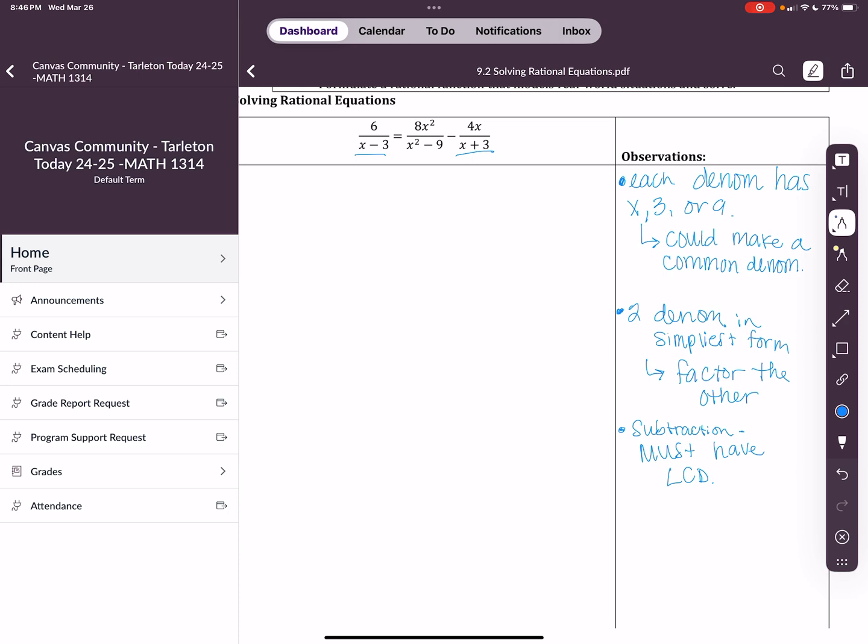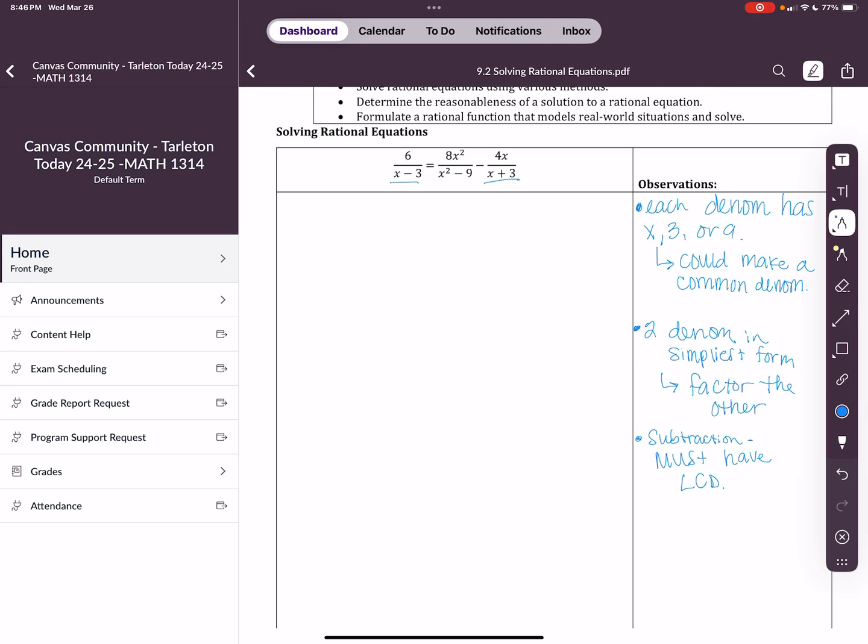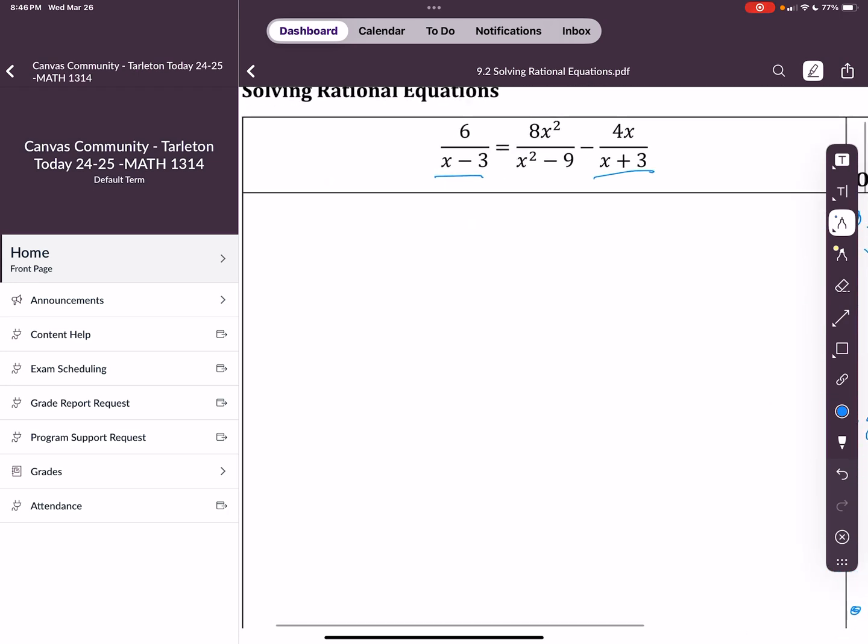Okay, so now that we've made those observations, let's go ahead and solve this. I'm just going to rewrite it down here to give myself some more room. So 6 over x minus 3 equals 8x squared over, now I am going to factor x squared minus 9. That's going to factor to x plus 3, x minus 3.